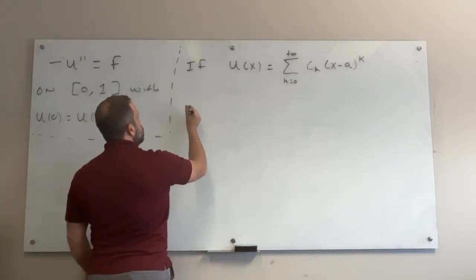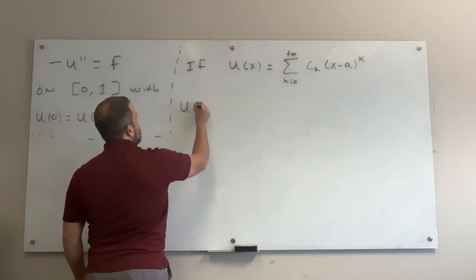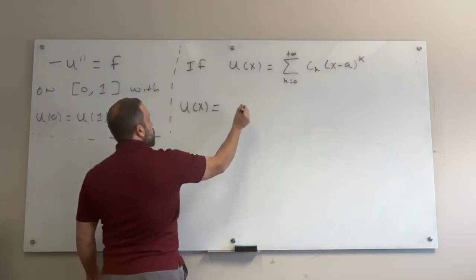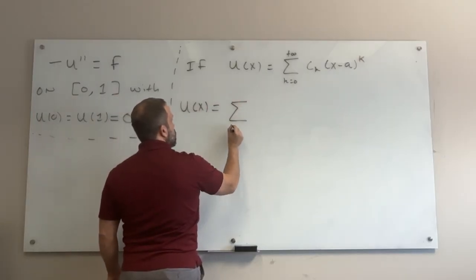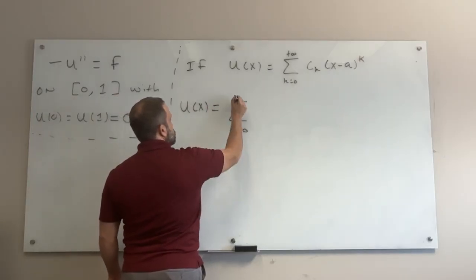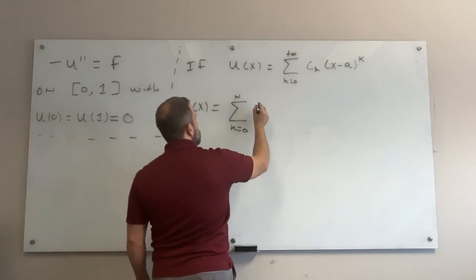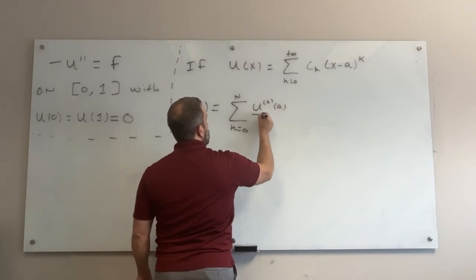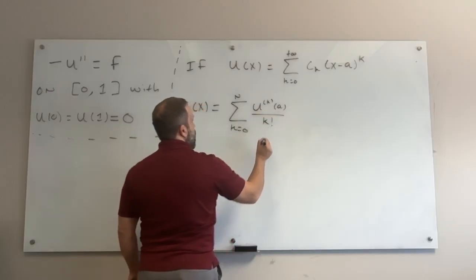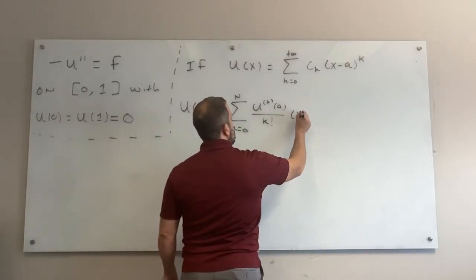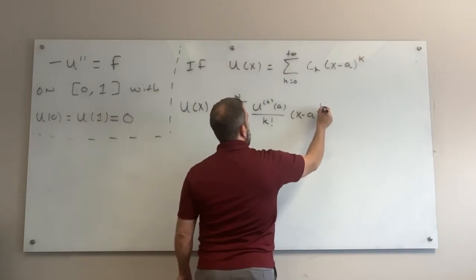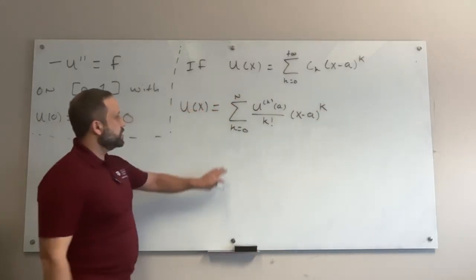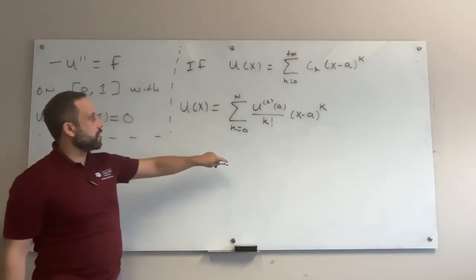It says that u of x is going to be equal to the sum k equals 0 to n of the kth derivative of u evaluated at a divided by k factorial times (x minus a) to the power of k. I'm going to write something over here; this is not correct yet.